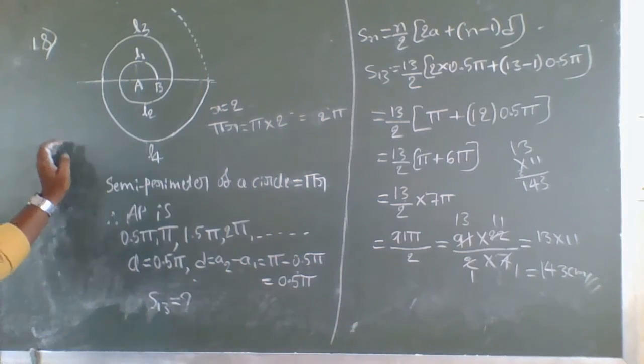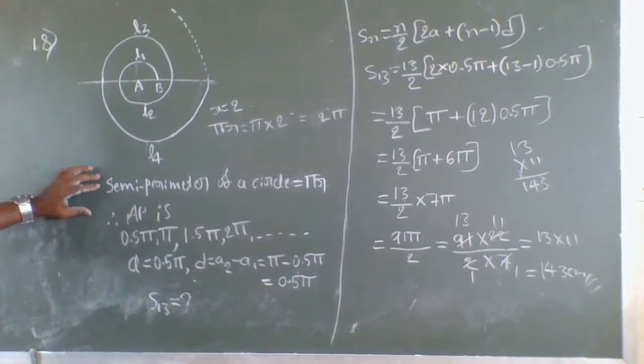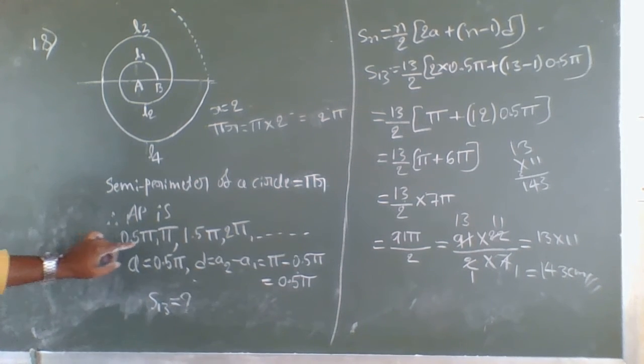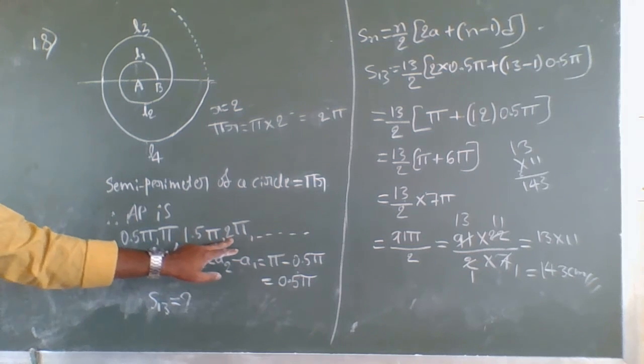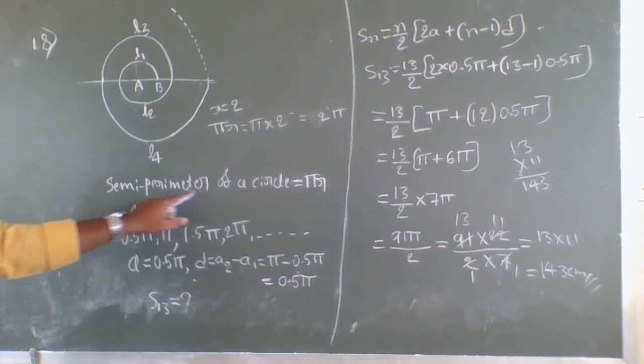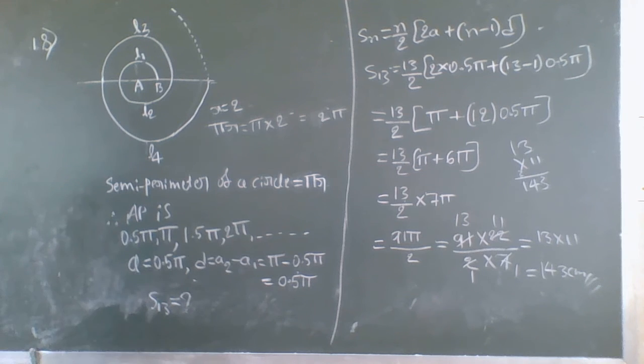What we did here, by observing this problem, we can write the AP as 0.5 pi, pi, 1.5 pi, 2 pi. How? The semi-perimeter of a circle is pi r always, and they have given the radii in the problem as 0.5, 1, 1.5, 2.